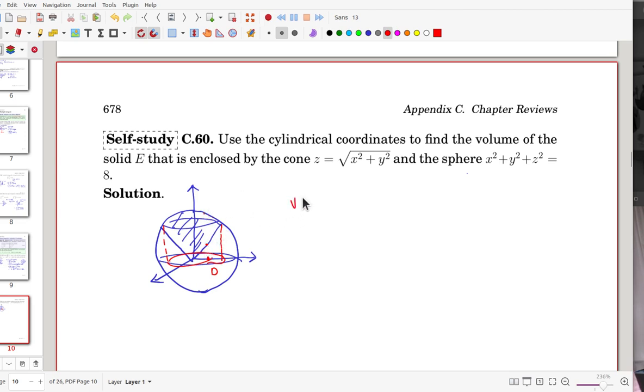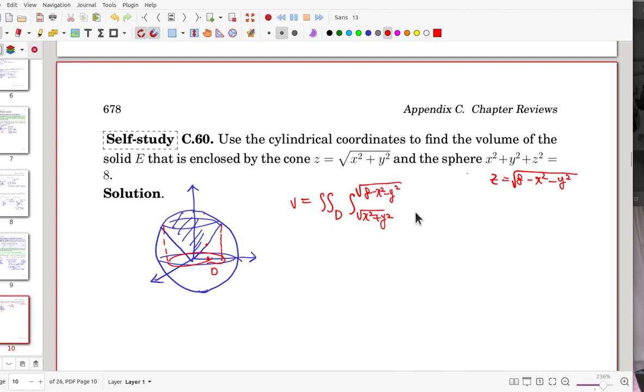So the volume is the integral over D, where the bottom is z equal to square root of x squared plus y squared, and the top is z equal to square root of 8 minus x squared minus y squared.